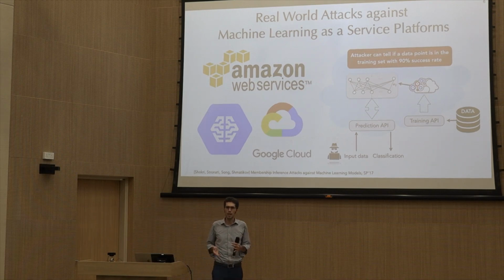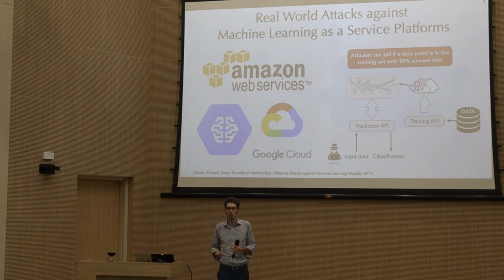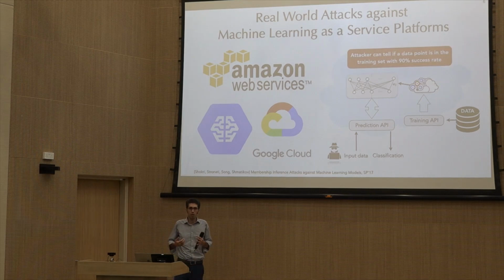So you have a bunch of data, you're developing some mobile app, or you want to use machine learning for your systems. And what happens is that you upload your data to the cloud, you ask them to train a model on it, and then you have API access to the model. You just send black box queries, right? And so do your users who are going to use your model, right? So they are going to have indirect access to your model.